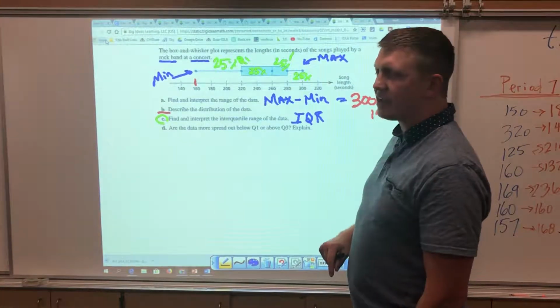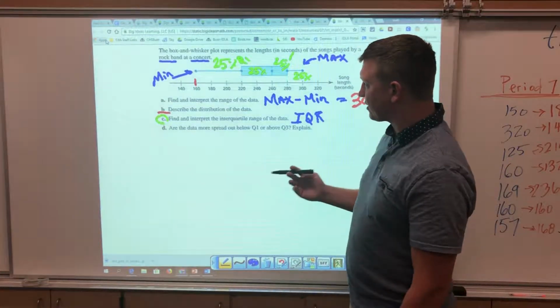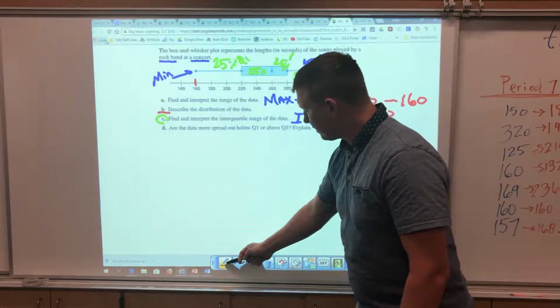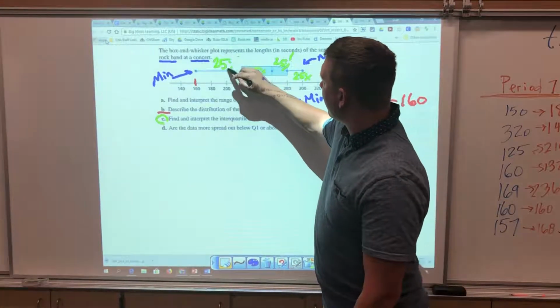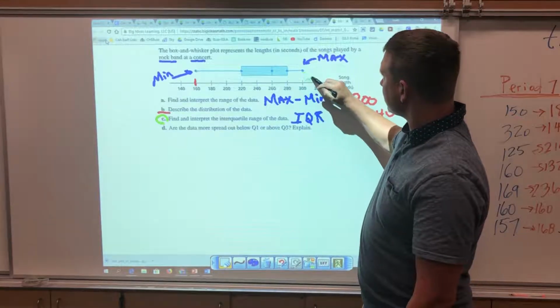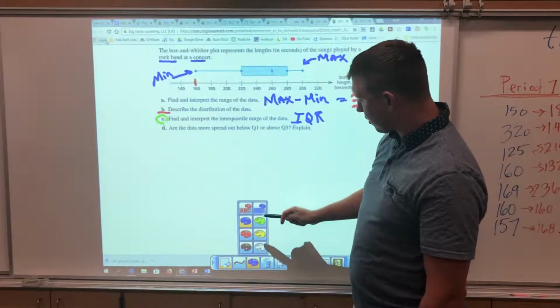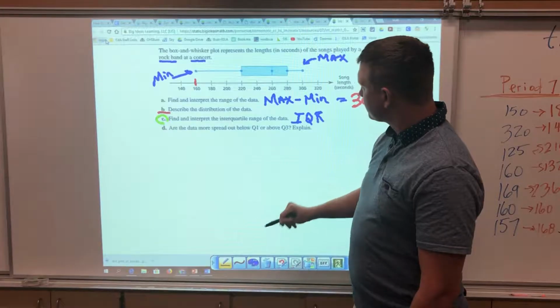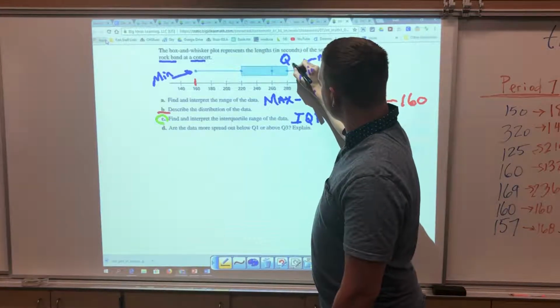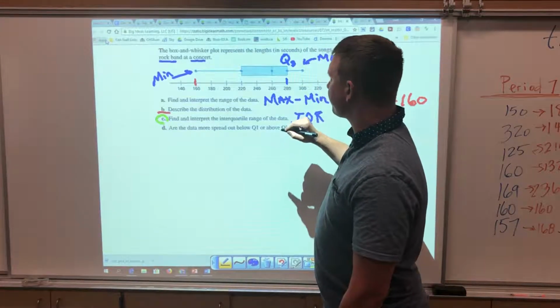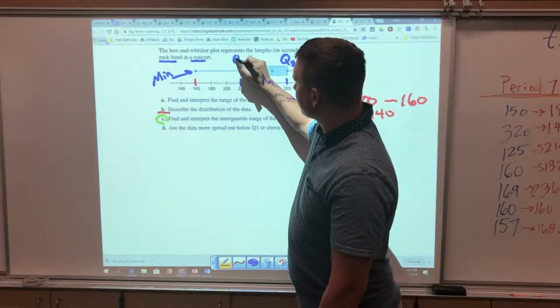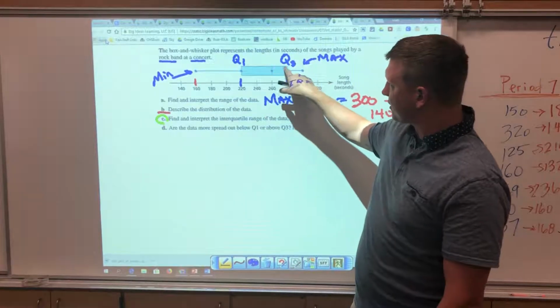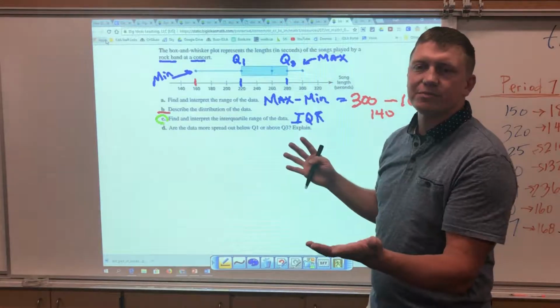Okay, let's calculate the IQR. The IQR can be calculated by taking this upper quartile and the lower quartile and subtract them. So I'm going to write Q3 right there. So this is Q3 and this is Q1. We call this quartile 1 and quartile 3, and all we do is subtract.